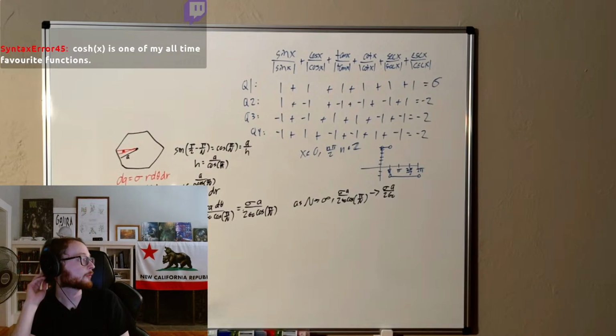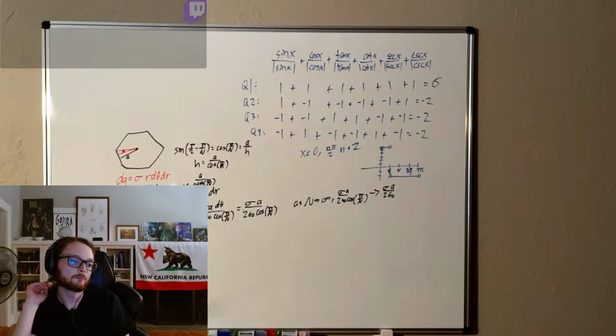It's not always going to be 1 or -1, is it? Yeah, that's what I'm thinking, is you would get a sine squared and a cosine squared kind of in there.